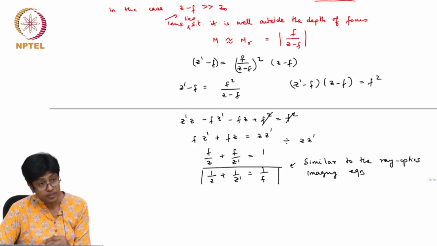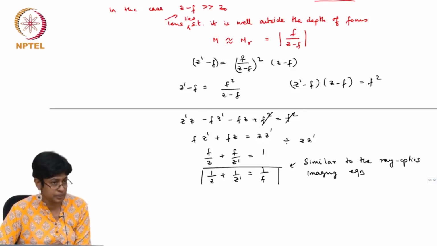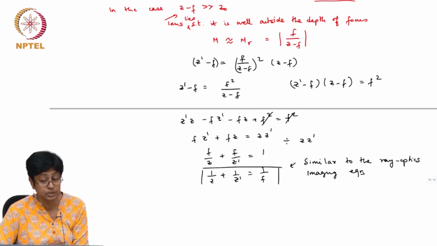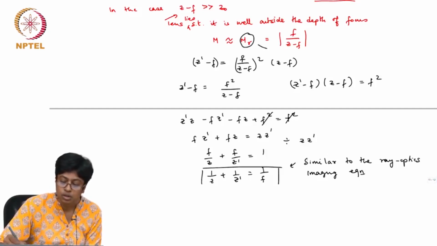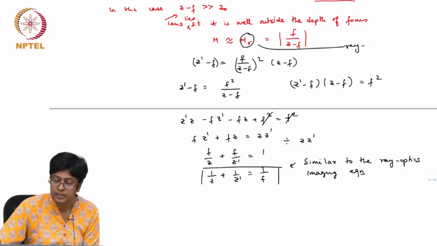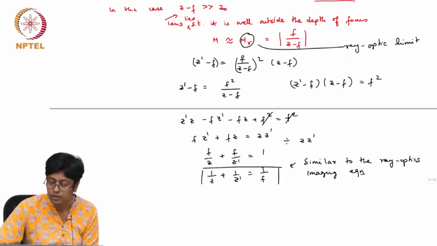Now, we arrived at this using the magnification parameter, and we simplified it because of the assumption we took. So this M_R relates to a ray optics limit when using a Gaussian beam.